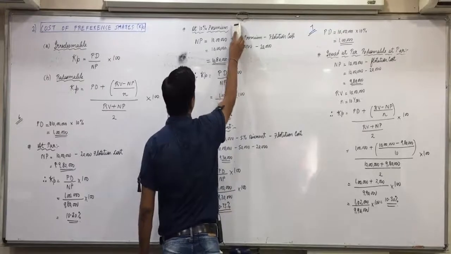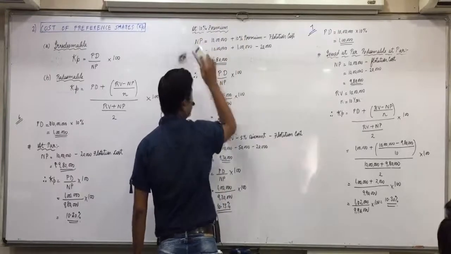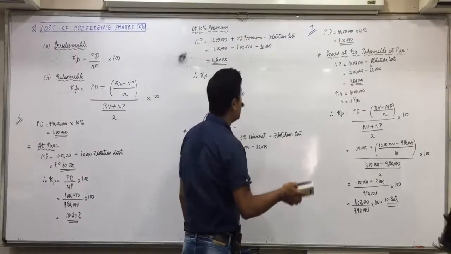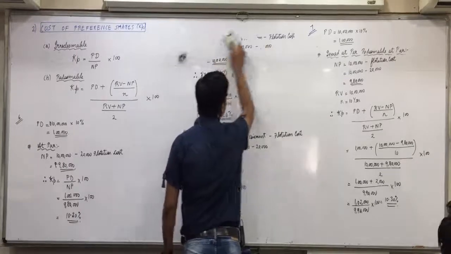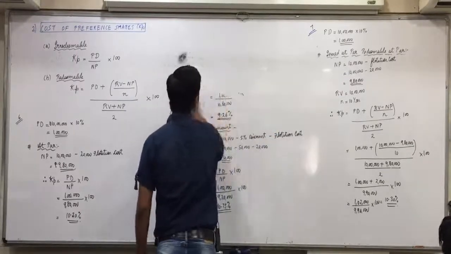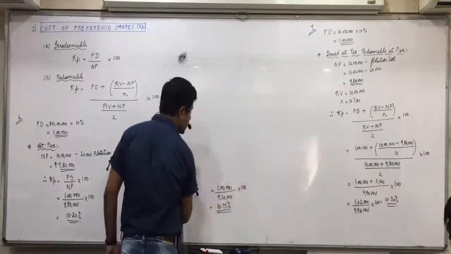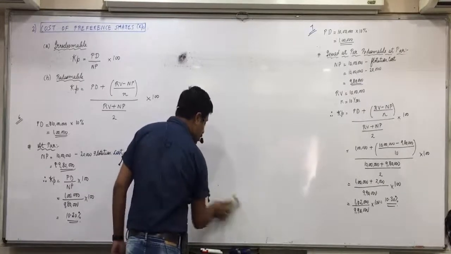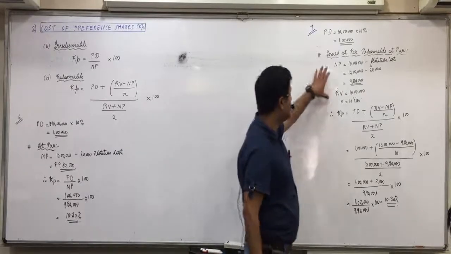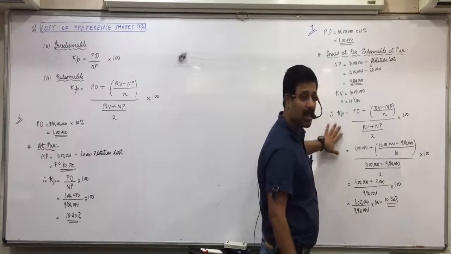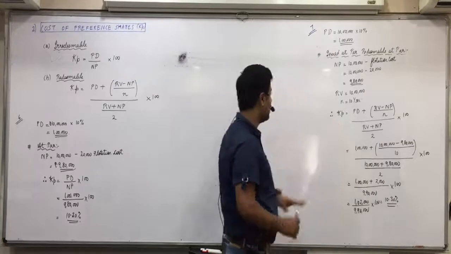Now, second situation: they are issued at par and redeemable at 10% premium. So now I am writing these three values on the board. Formula all of you can apply on your own.